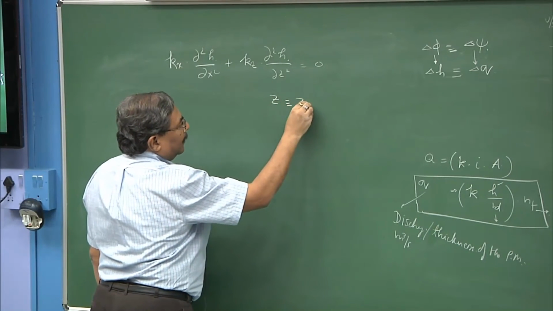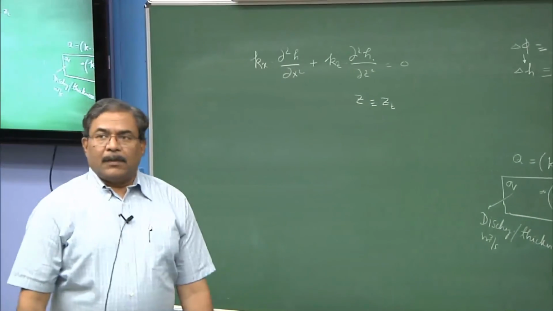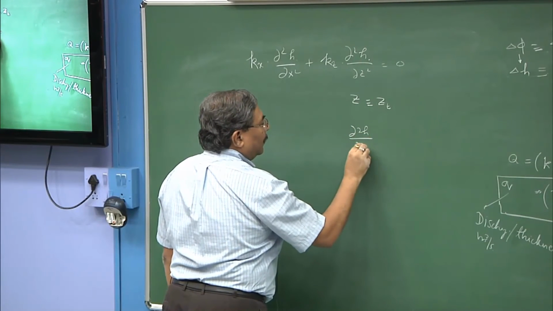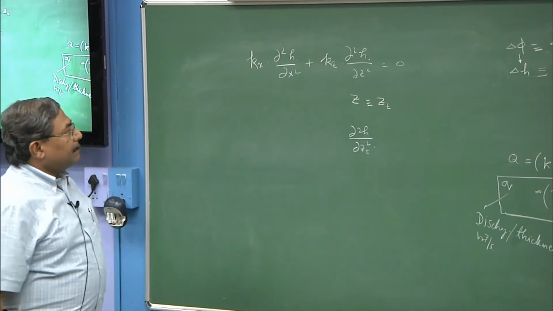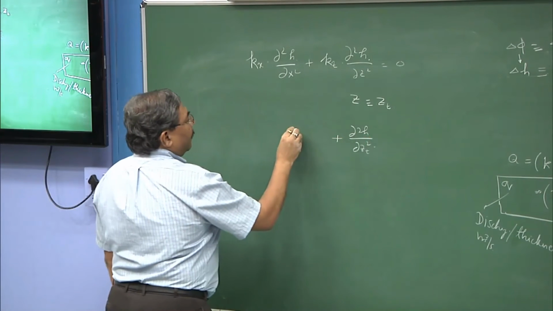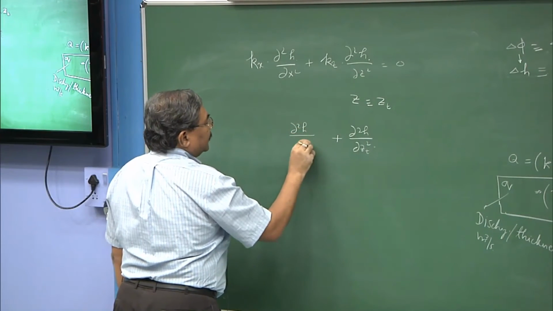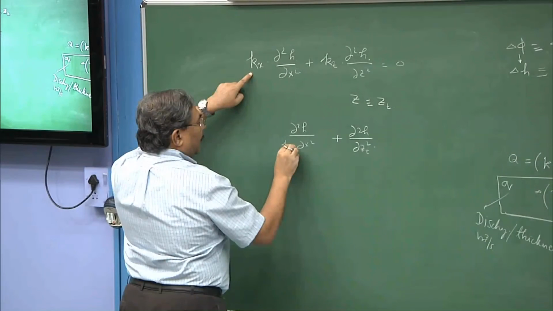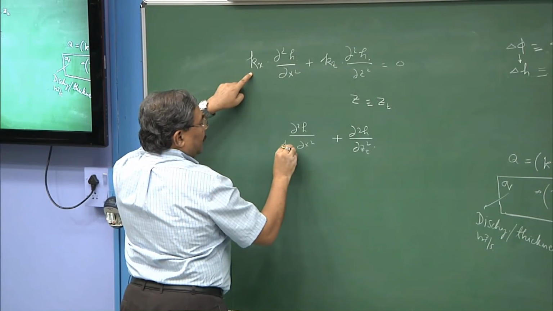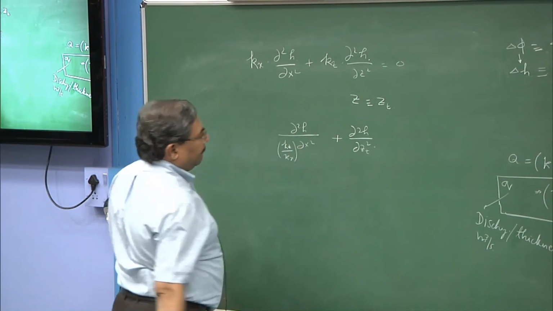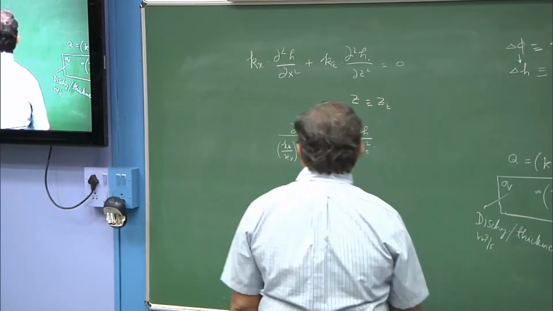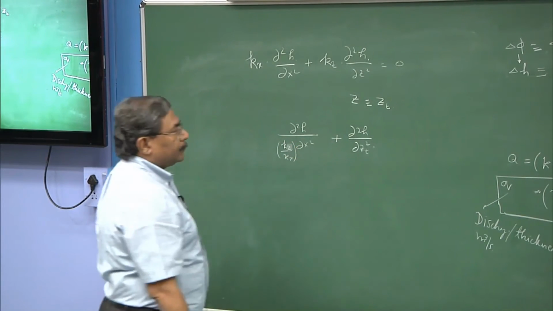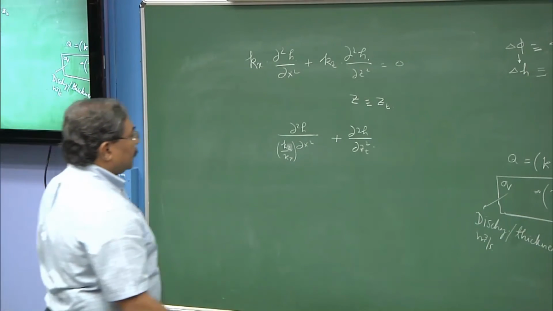z is equivalent to z, let us say t. In that case, I can write del square h upon del x square, and this k z comes over here divided by k x. Is this okay? So, this is equal to 0.